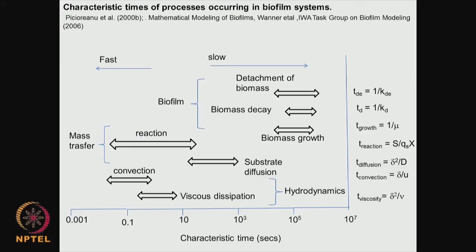These bacterial attachment and detachment may have a longer characteristic time, whereas the mass transfer diffusion resistance or mass transfer coefficient may be happening fast, so they may have a lower characteristic time. So, biofilm growth, biofilm maturation, attachment of bacteria, detachment of bacteria, biomass growth, they all operate at different time frames.